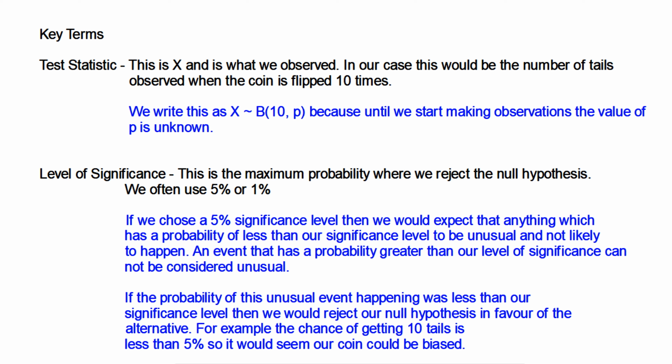Because if you have 10 flips and you get tails every time, the chance of that actually happening is very minimal. So testing at a 5% significance level would show that it's probably unlikely to happen. You might then go on to test it at a 1% significance level or something beyond that as well.